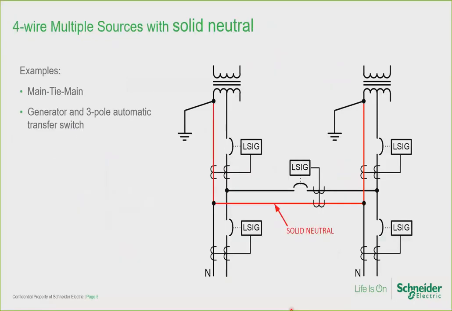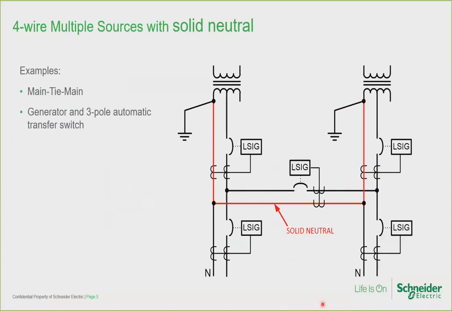With multiple sources on 3-phase 4-wire systems, the neutral is common between the sources, as I've shown here in red. In this example, the main and tie breakers are 3-pole and the neutral is unswitched. There is a solid neutral connection between the 2 sources. The neutral terminal of each source is grounded, which you can see right here and here.